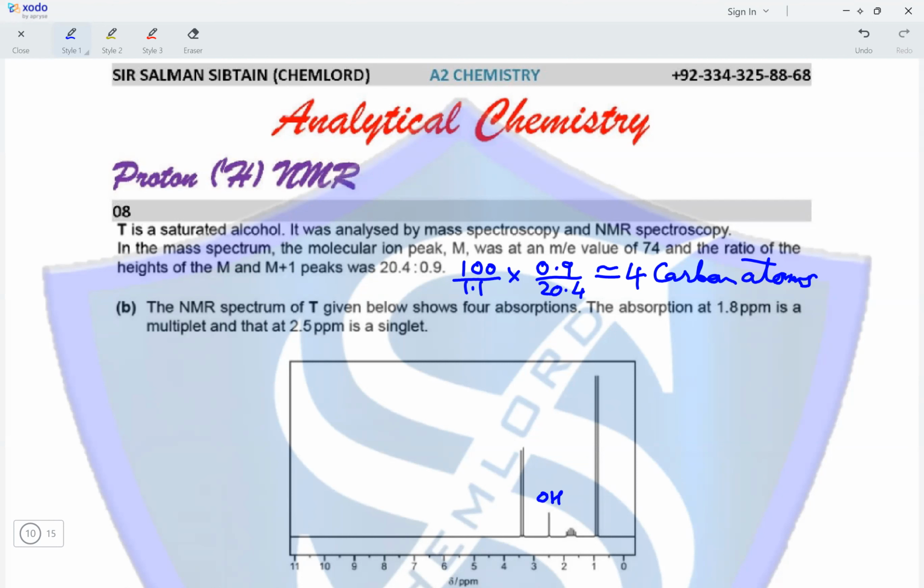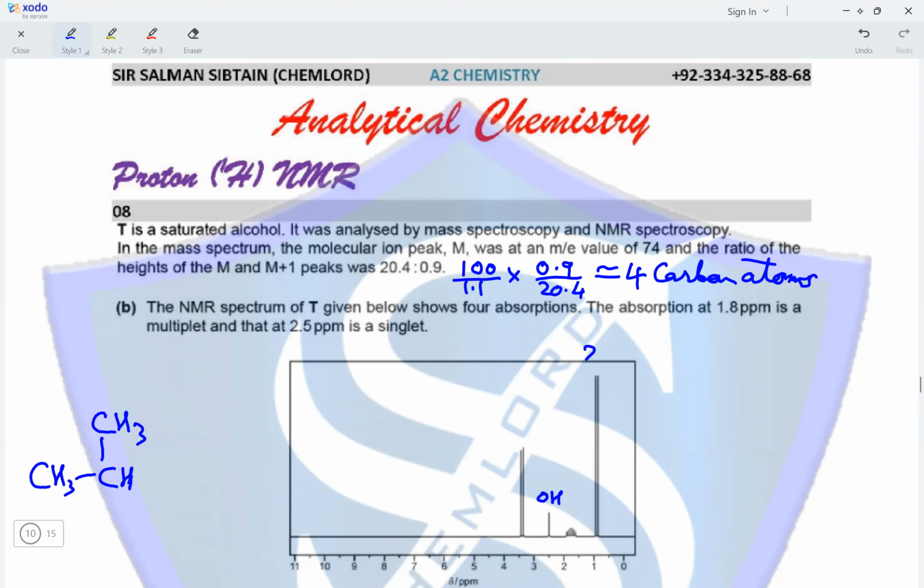atoms, which also means 2 of the carbon atoms are present on the same carbon atom having the same environment for each. So we can actually conclude that there are 2 CH3 groups present on a carbon atom with a single hydrogen on it, because we have a doublet peak.